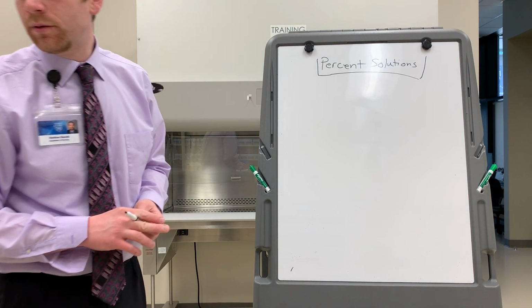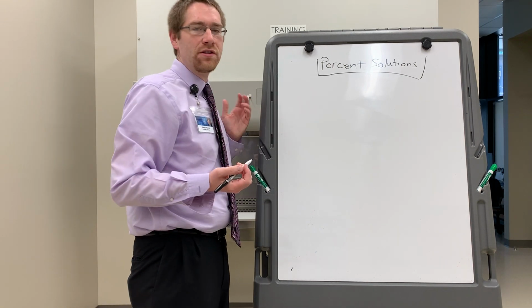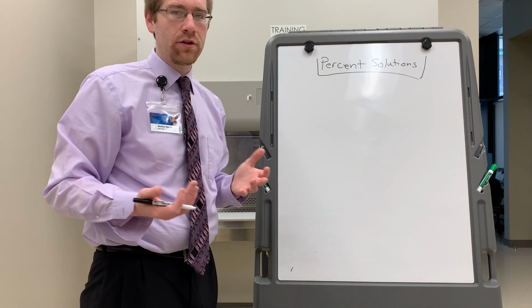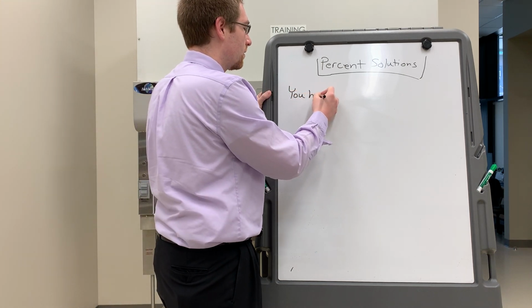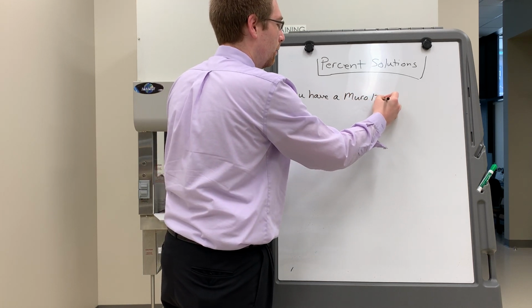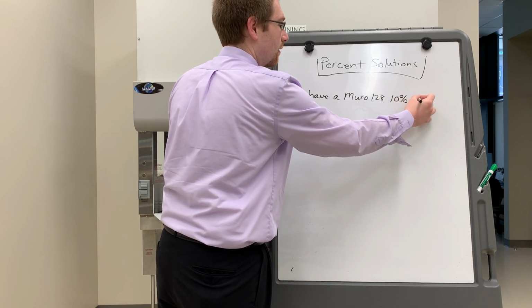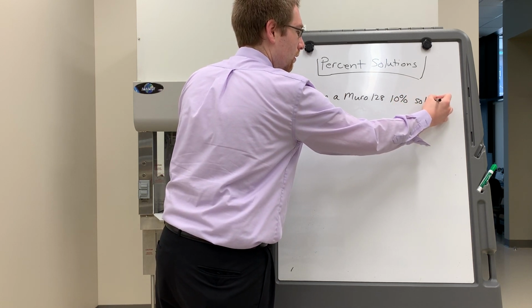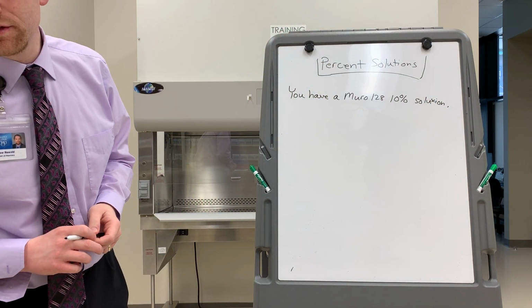So in another problem, I'm going to take a product such as dextrose, or let's do a wacky drug such as Mura 128. So let's say you have a product, a Mura 128 solution, but that's the name, and the concentration is 10%. You have a Mura 128 10% solution.